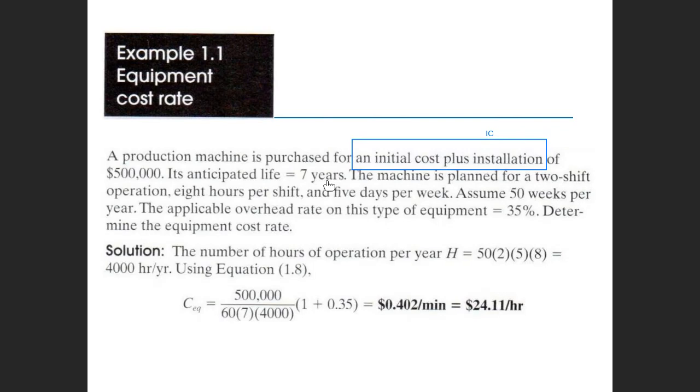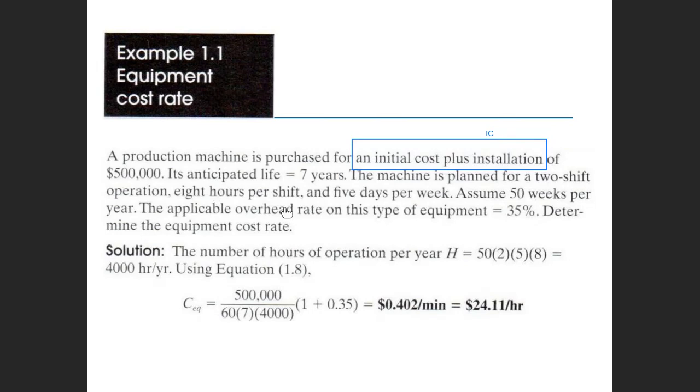The machine is planned for 2 shifts per day, 1 in the morning, 1 in the evening, 8 hours per shift, meaning 16 hours per day, 5 days per week, and 50 weeks per year.